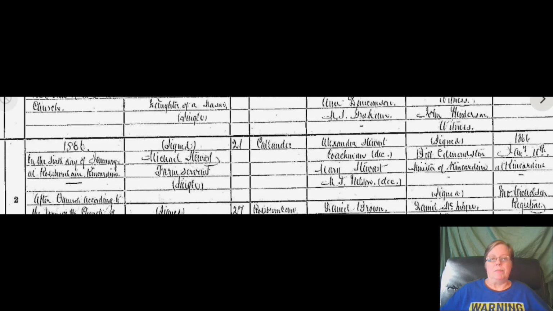Using the hint system at Ancestry, I found a photo of the marriage record for Michael Stewart that someone had posted. And my heart beat faster. As I read the record, I saw father's name, Alexander Stewart. Occupation, coachman. Deceased.